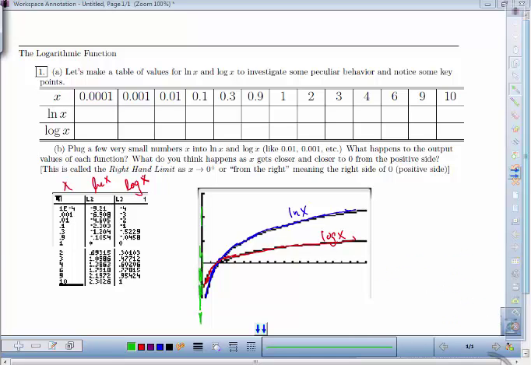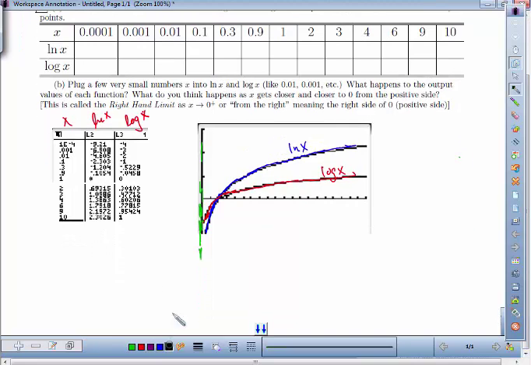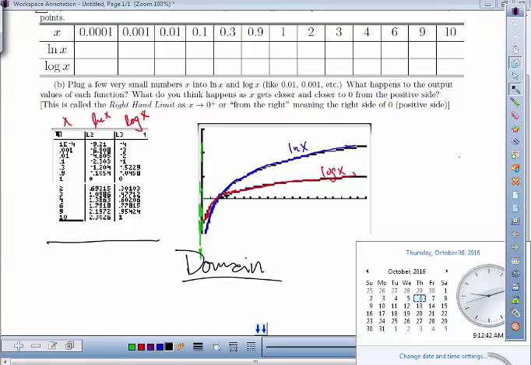What's the domain? Let's talk about the domain based on this. So what's the domain for the ln function?